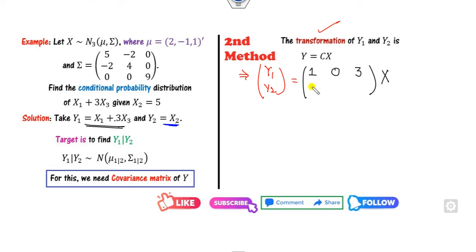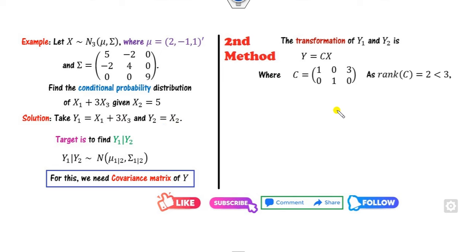For y2, the coefficients are 0, 1, 0. This is my matrix C. The rank is less than the number of columns, so Y again follows a normal distribution, but with dimension 2, having the mean C mu and covariance C sigma C transpose.